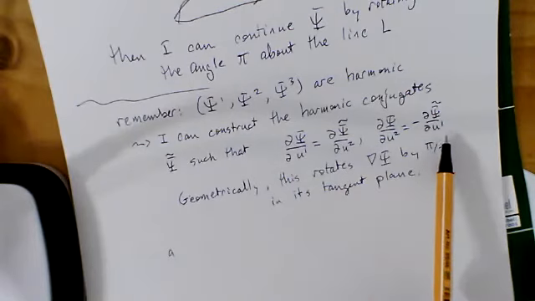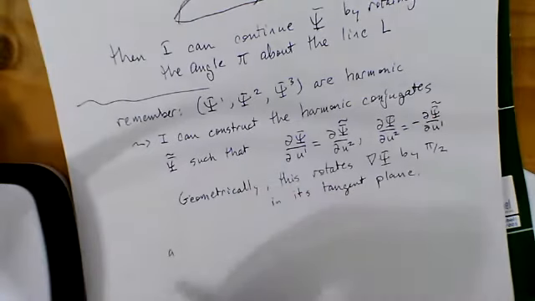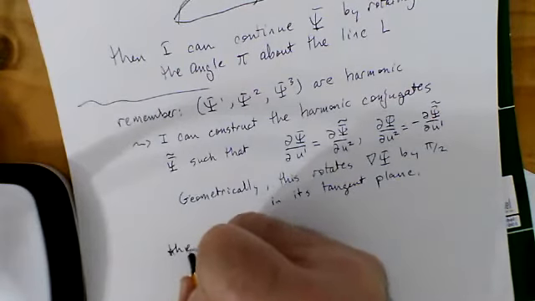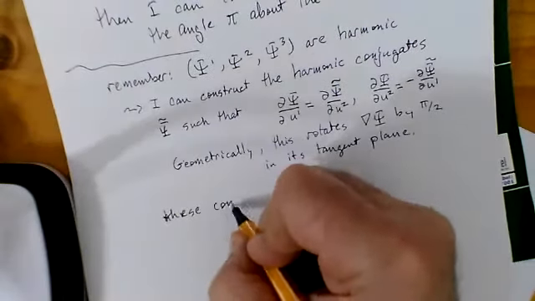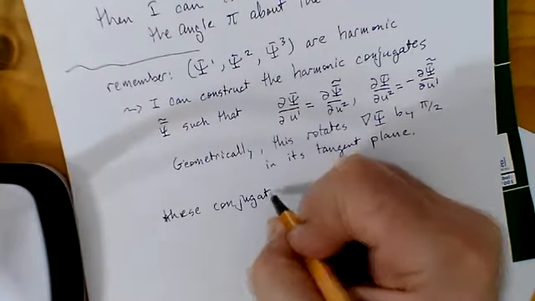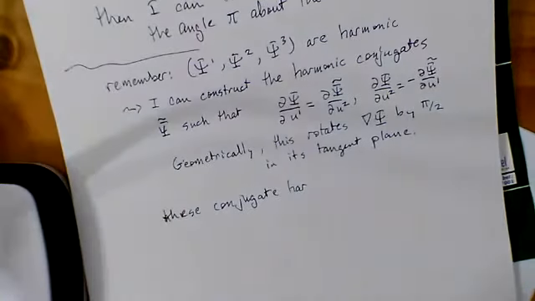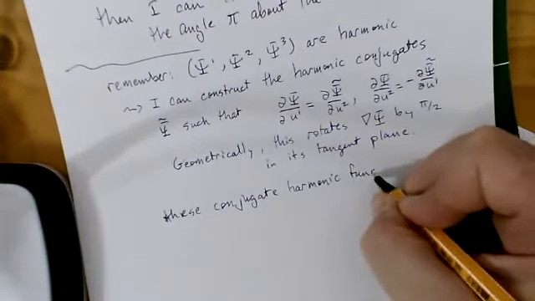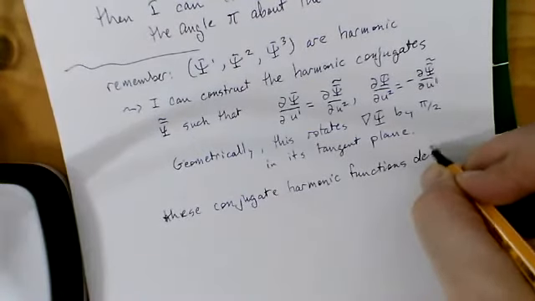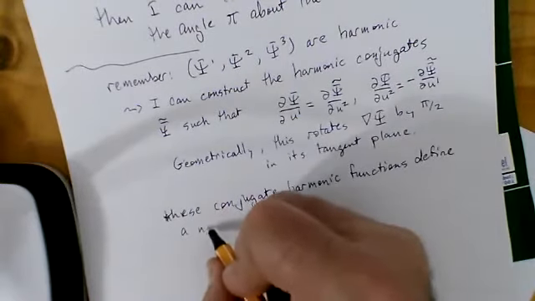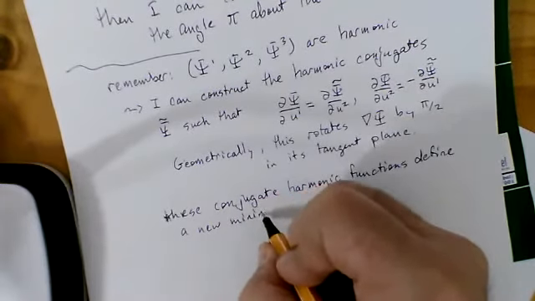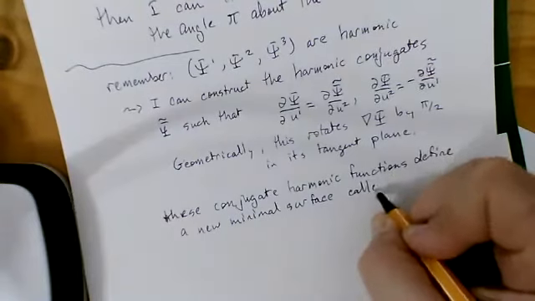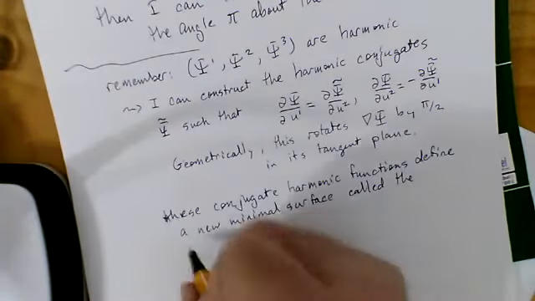These conjugate harmonic functions will then define a new minimal surface called the conjugate minimal surface.